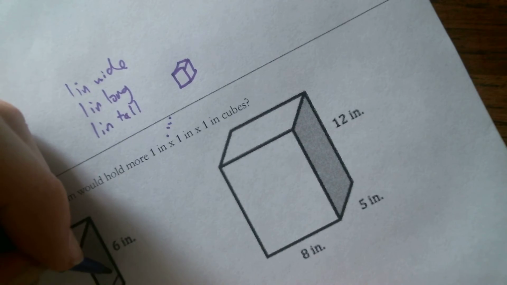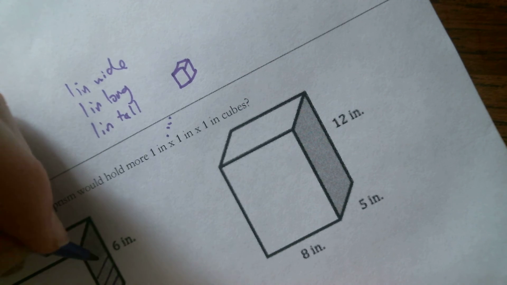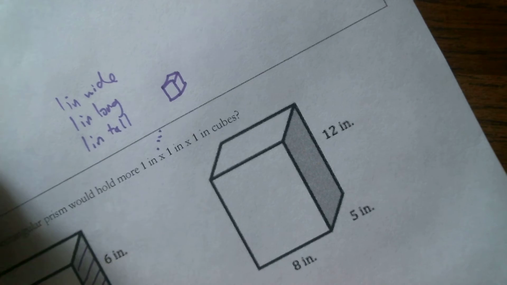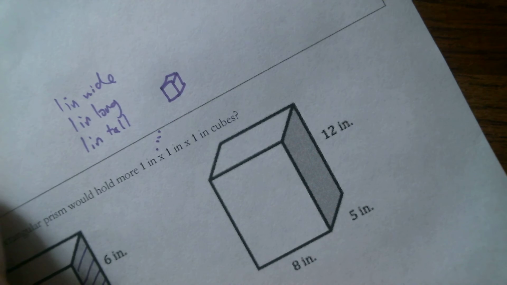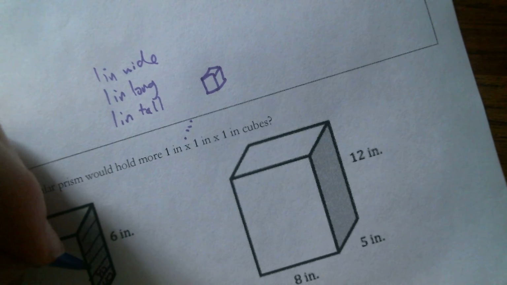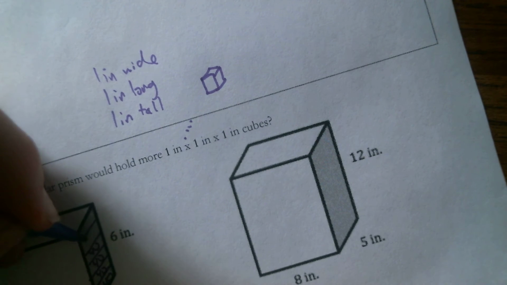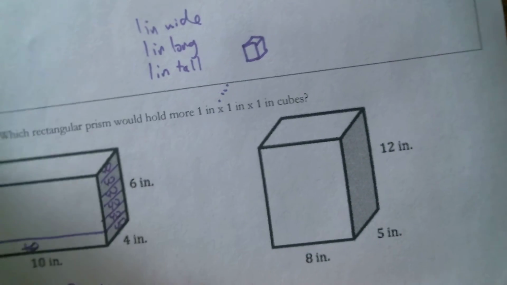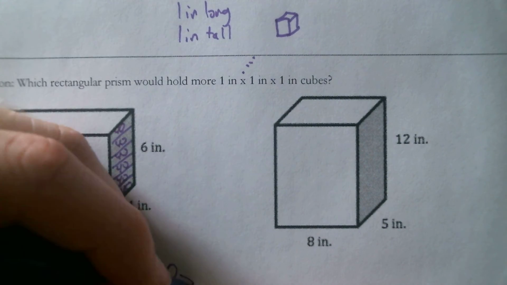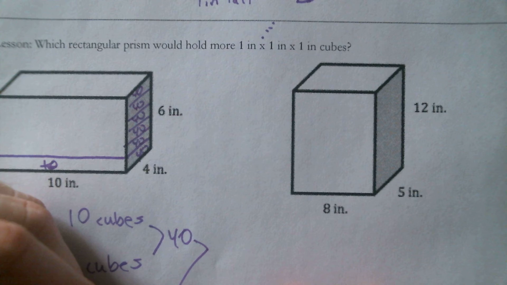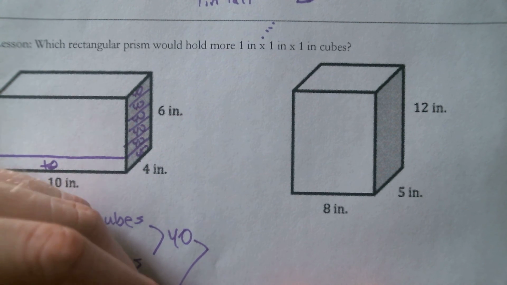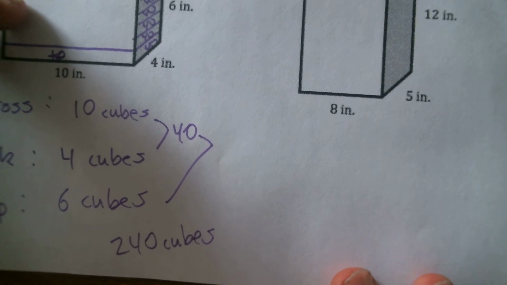There's 6 rows. And each one of these layers, there's going to be 40, 40, 40, 40, 40, and 40. So 40 times 6, that means there's going to be 240 cubes in this one rectangular prism.